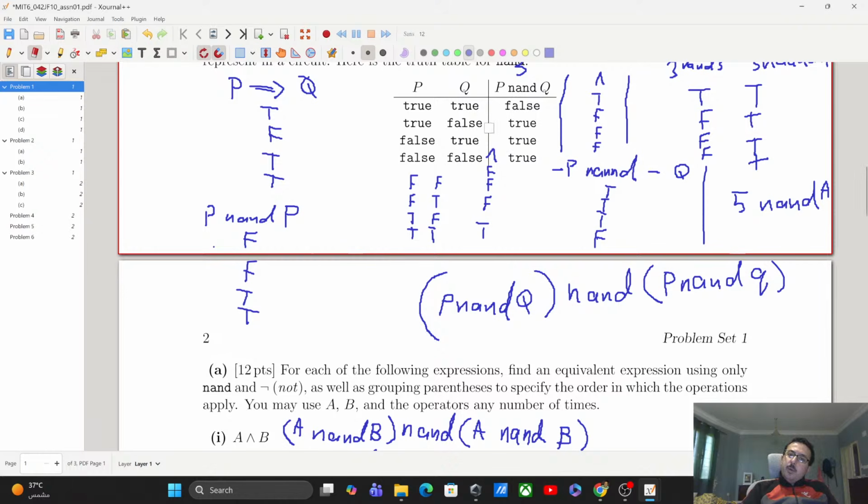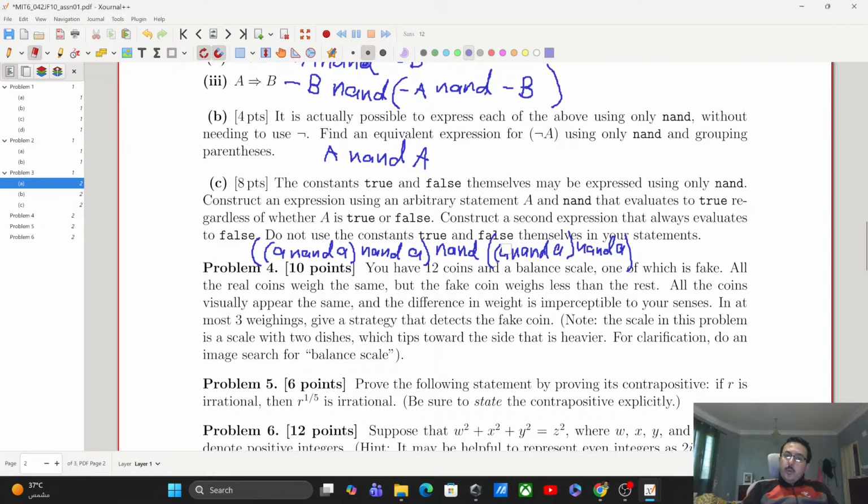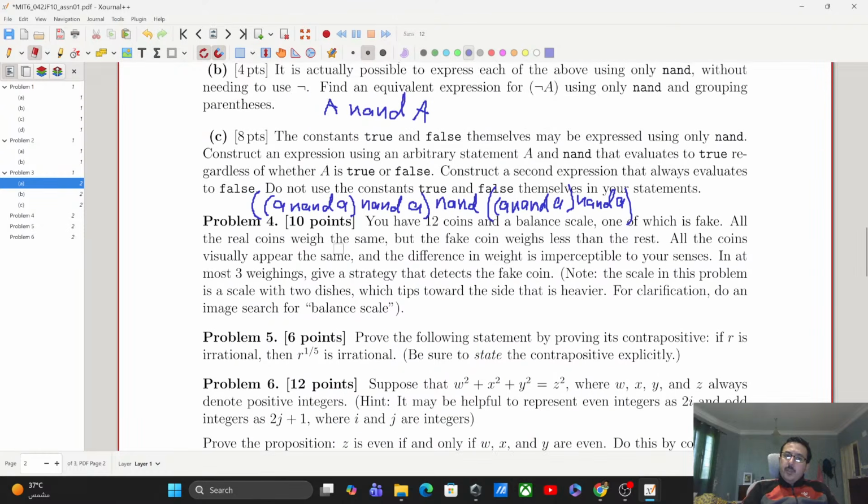So it became all false. We named it to all true here. And A, all true. So, and we named it again to all false. So it became all false.